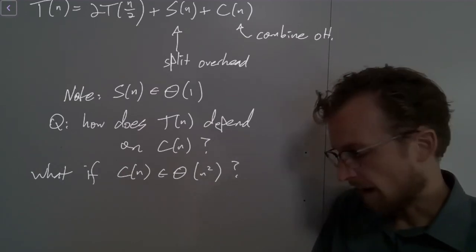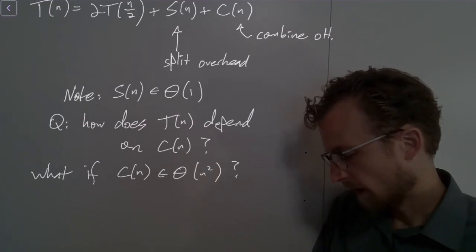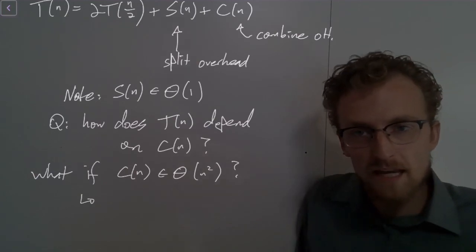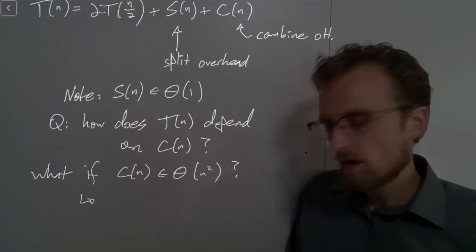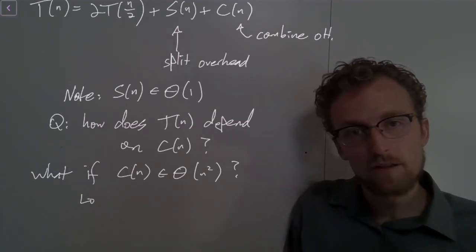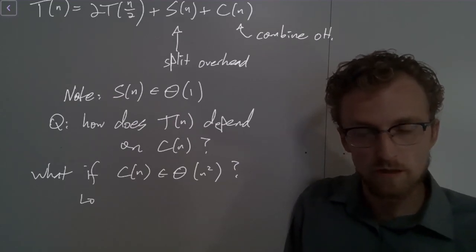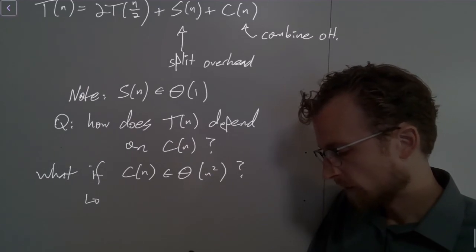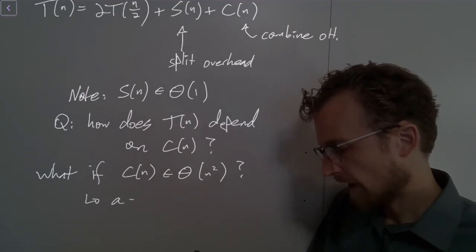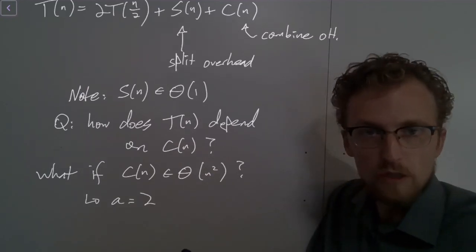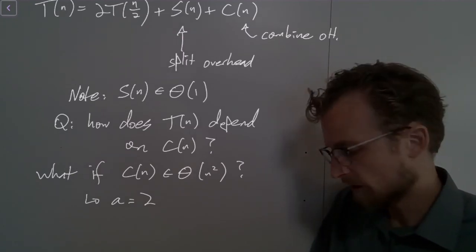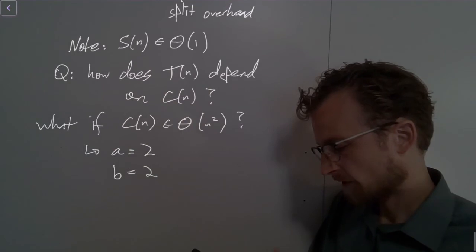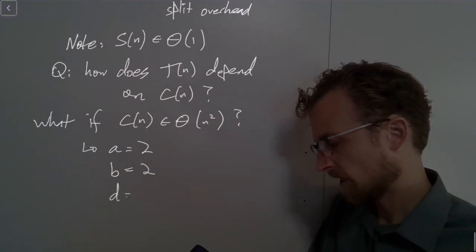Well, then we can just plug into the master theorem and say, in this hypothetical world where it takes quadratic effort to combine two sorted arrays together, what complexity would we get? Well, we'd have A is 2 in the master theorem recurrence relation. We'd have B is 2, and then D would be 2.